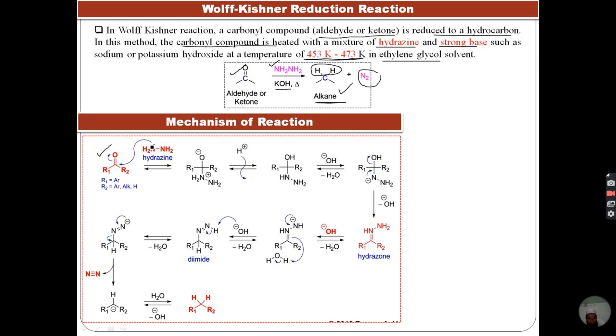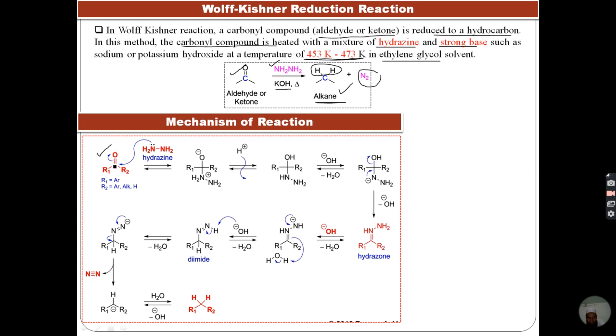So in step number 1, it reacts with hydrazine. This is your hydrazine. Now we know that this carbon in the C=O has a pi bond present, and this is your sigma bond. Since oxygen is highly electronegative, this pi bond is towards the oxygen, so there is a partial negative charge.